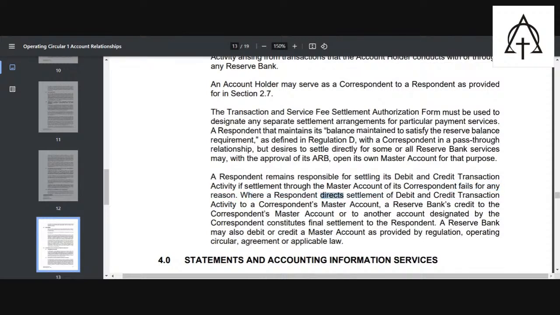Where a respondent directs settlement of debit and credit transaction activity to a correspondent's master account, a reserve bank's credit to the correspondent's master account or to another account designated by the correspondent constitutes final settlement to the respondent.